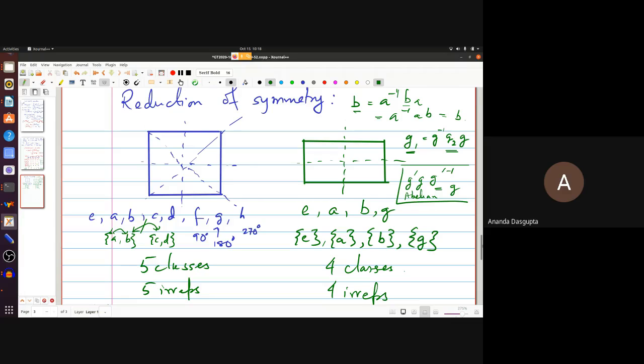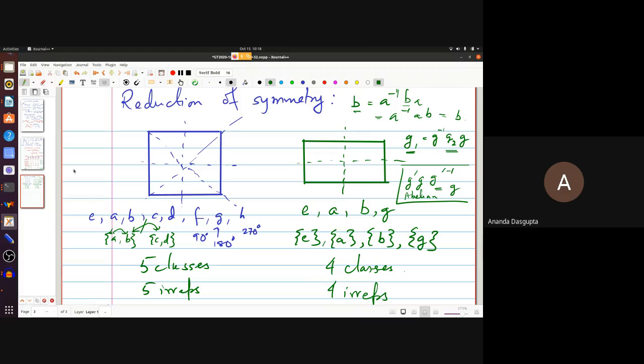Now if you pick out from that just the group elements E, A, B and G, the 4 which represent the symmetries that still survive for the rectangle, will that give me a representation for the rectangle? That is a representation for the rectangle symmetry group. That's a more precise thing to say.